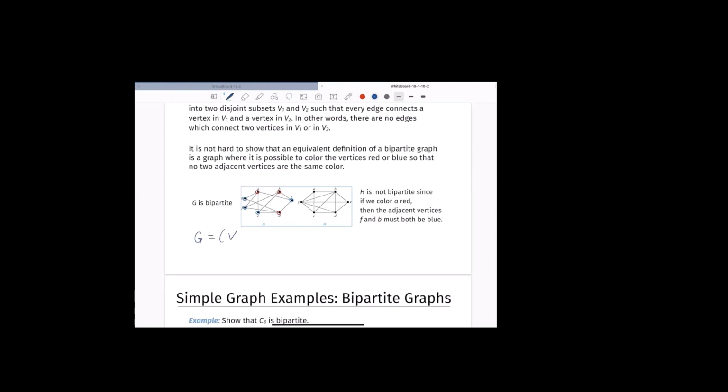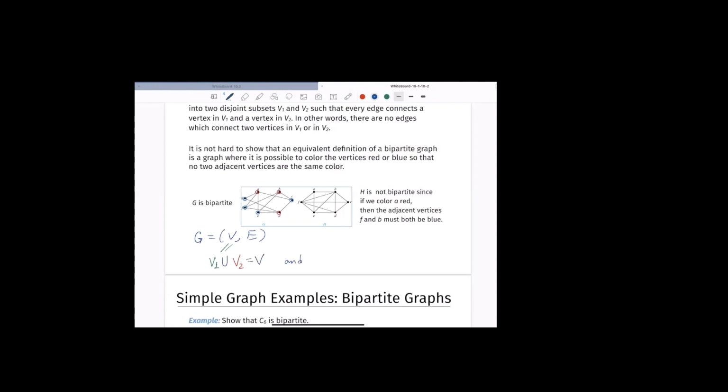A graph is a set of vertices and a set of edges. And what I'm saying is that V itself can be partitioned into V1 and V2, 2 non-overlapping sets, such that their union is going to be V.